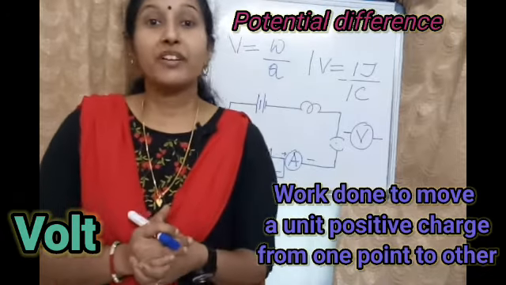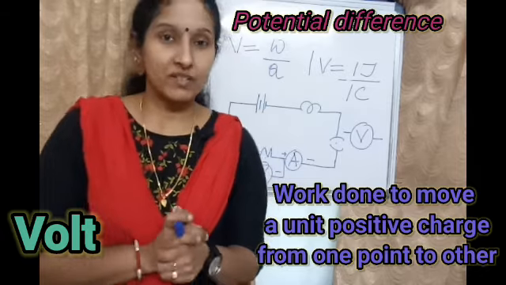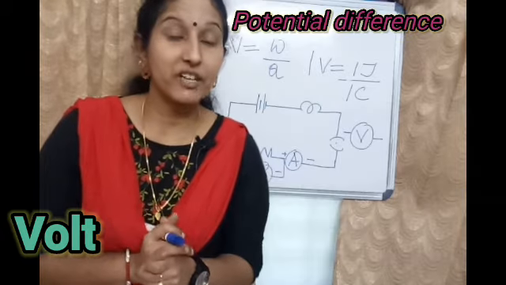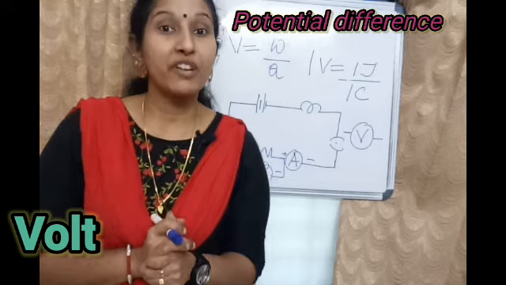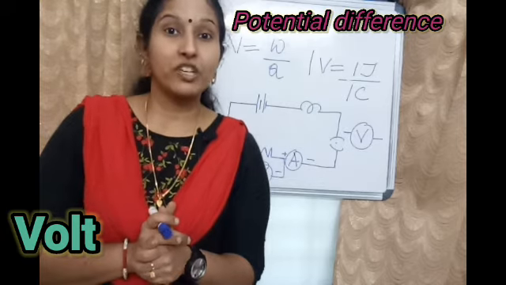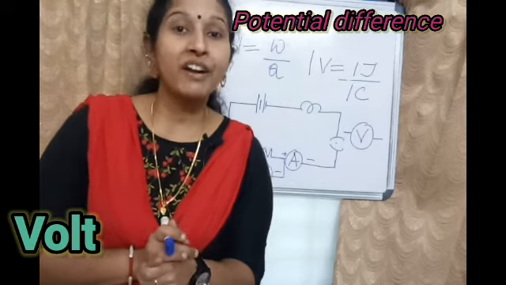Now we are going to define the unit of potential difference. Which is the unit of potential difference? Volt. So now we are going to give a definition to volt, which means define 1 volt.